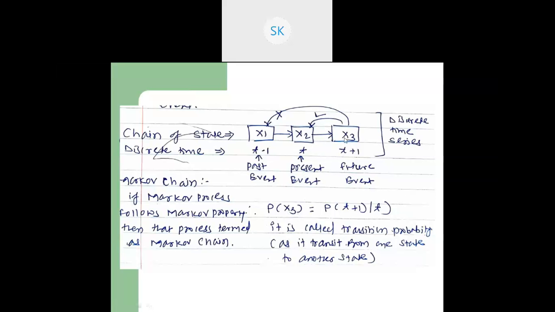The probability of x3 is the probability of t plus 1 given t. Just look at the above arrow on the right: it depends on x3 and it does not depend on x1. This is the Markov property, and the process which follows this Markov property is termed a Markov chain.